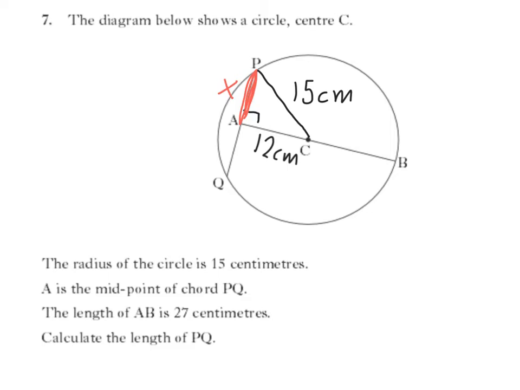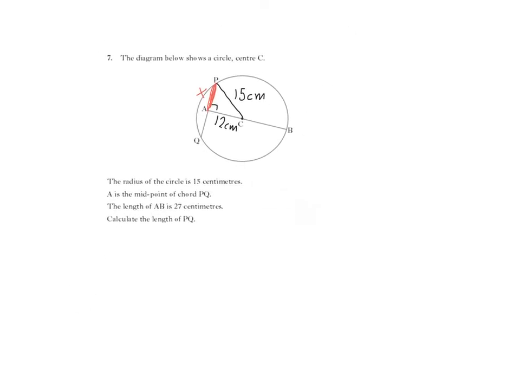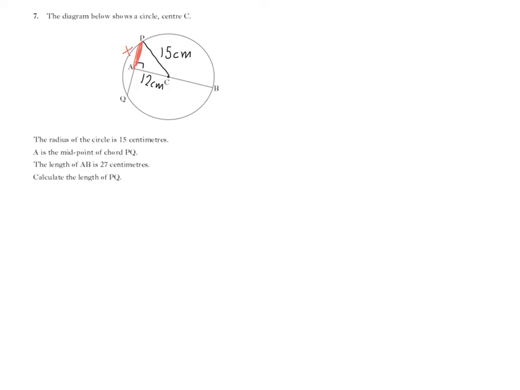So to give us a bit more space for our working, I'll move this over here, making it a little bit smaller. So the shorter side squared will be equal to the long side squared, take away the other short side squared, according to Pythagoras.